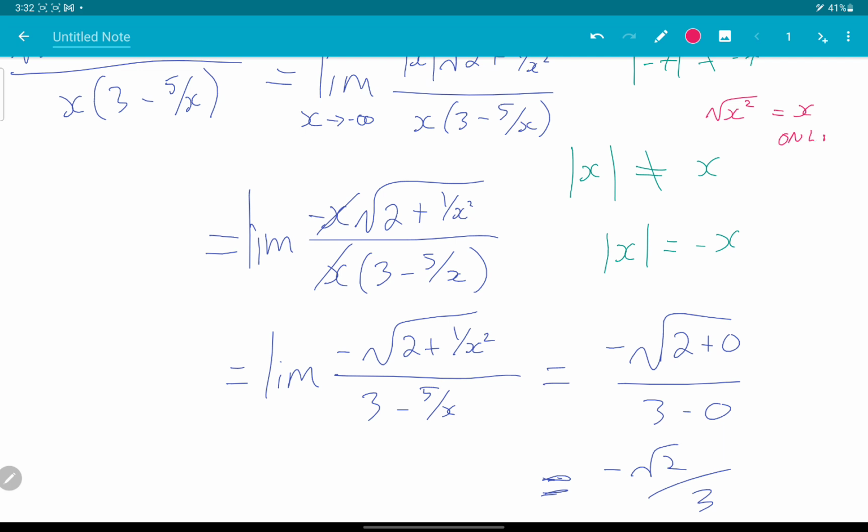That's only true if x is bigger than or equal to 0. All right, so if you did this blindly, you would be wrong. You have to have this minus appear.